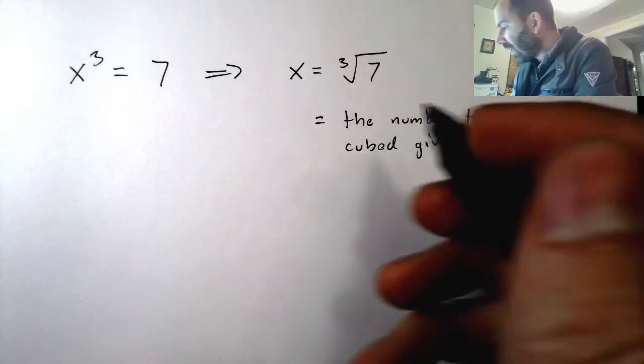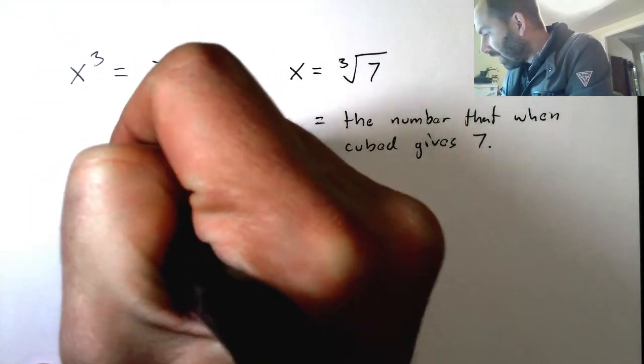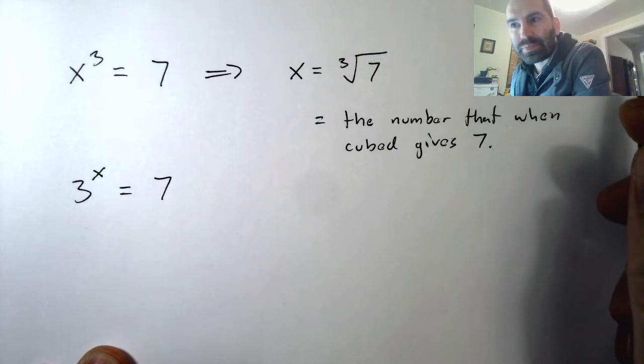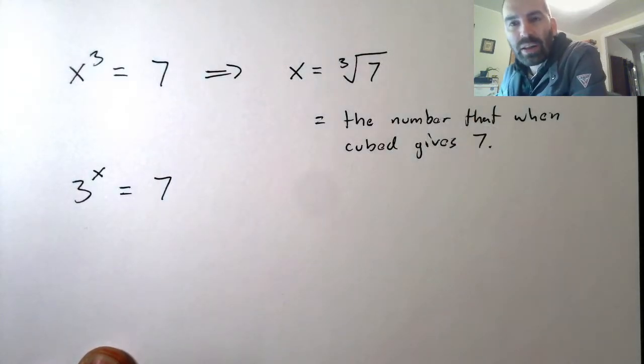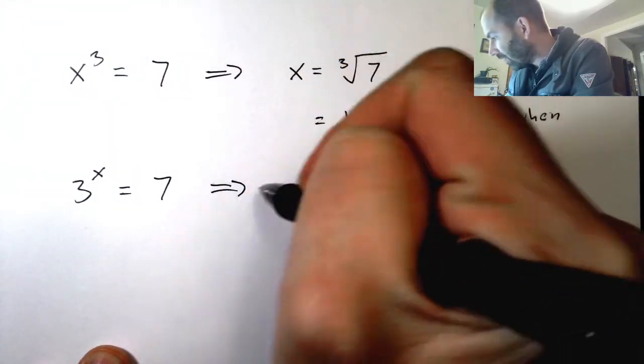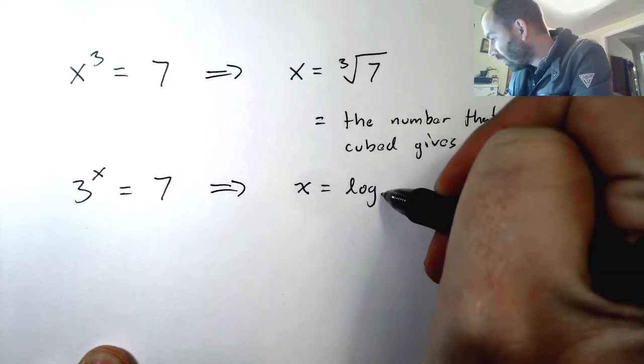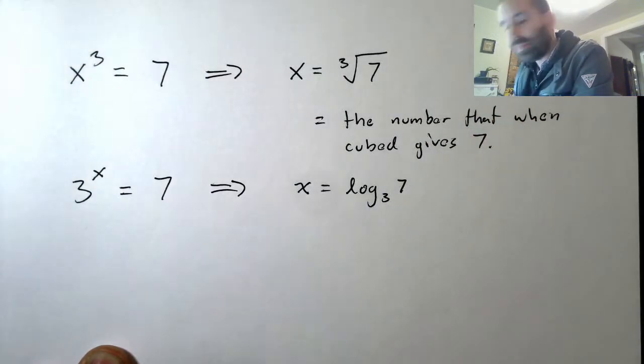Well, what if I gave you the equation 3 to the x equals 7? How are we going to solve this? Well, this is where logarithms come into play. I'm going to go ahead and tell you the answer. It's x equals log base 3 of 7.